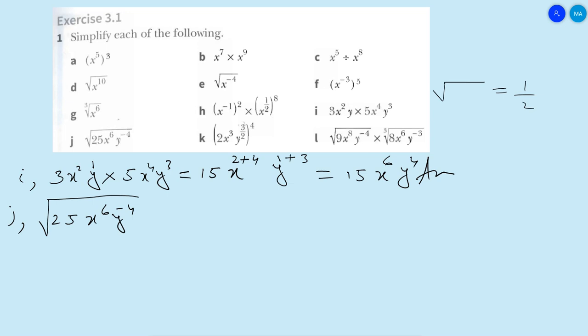So you have to write first this is 25. 25 can be written as 5 square, then x to the power 6, then y to the power minus 4, and square root value is 1 upon 2. Now you have seen in the indices rule, I will show you on screen.